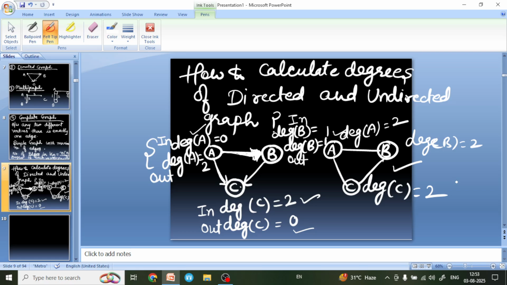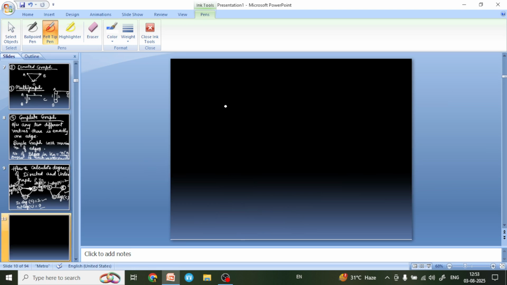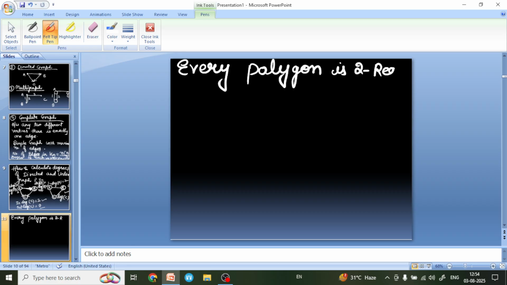If the degree of each vertex is k, then the graph is called a k regular graph, and every polygon is a 2 regular graph.